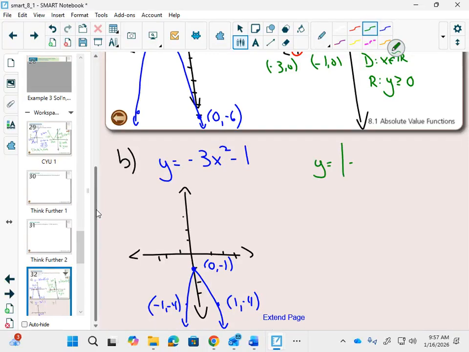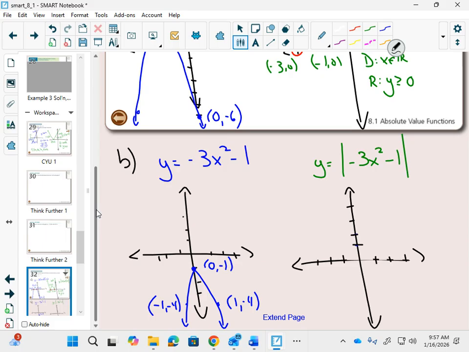So when I go to graph the absolute value of negative 3x squared minus 1, this whole thing is going to get flipped up. 0, negative 1 is now going to be at 0 comma positive 1. 1, negative 4 will now be at 1, positive 4.